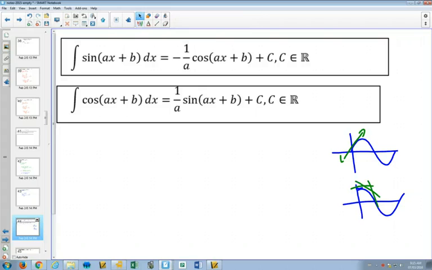My tangents start off becoming negative. So it's going to be a negative sine graph. So that means if the derivative of cos is negative sine, if I'm integrating sine, it would have to go back to negative cos.